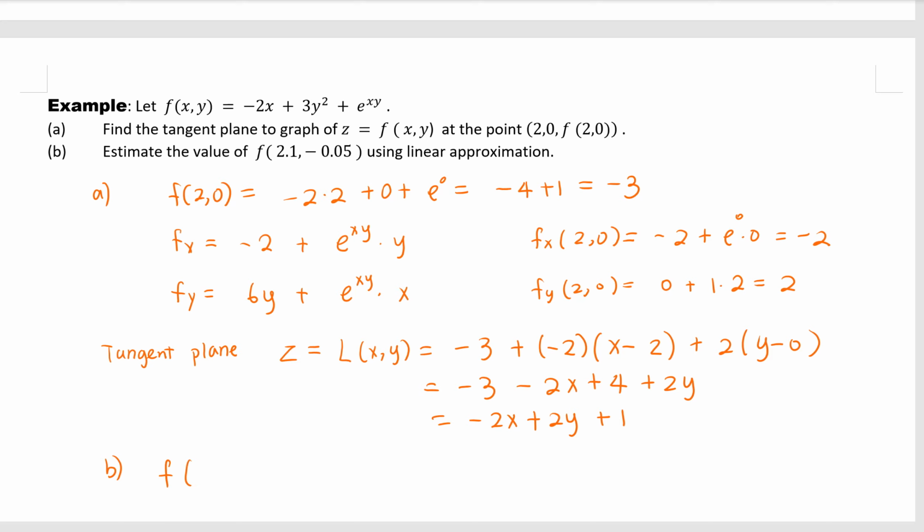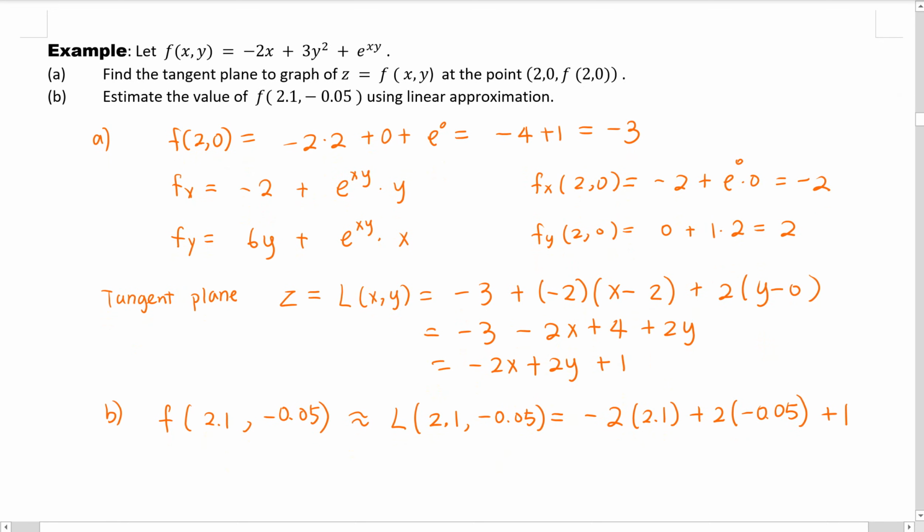So f(2.1, negative 0.05) is approximated by the tangent plane evaluated at 2.1 and negative 0.05. That's minus 2x, x is 2.1, plus 2y, y is negative 0.05, plus 1.